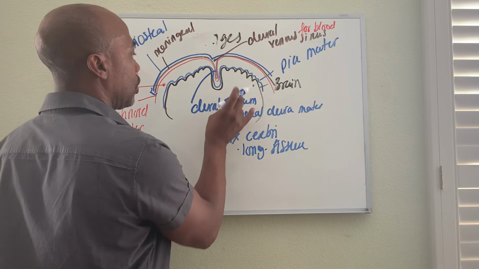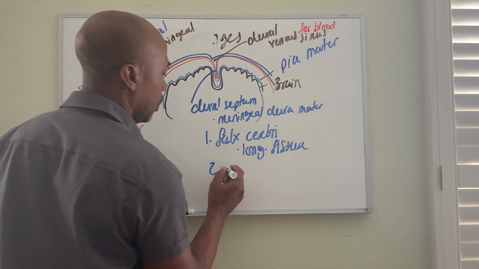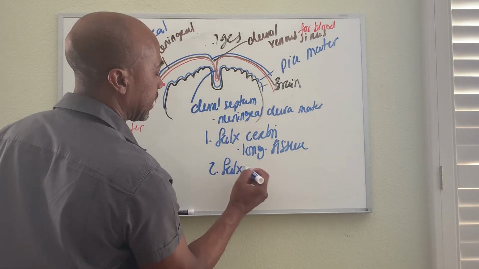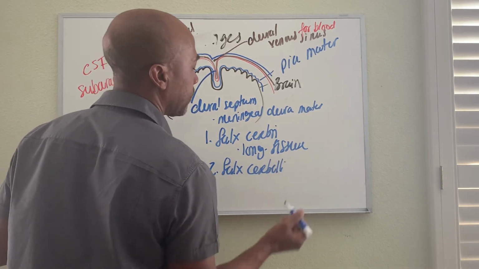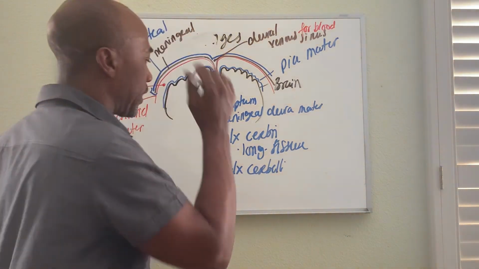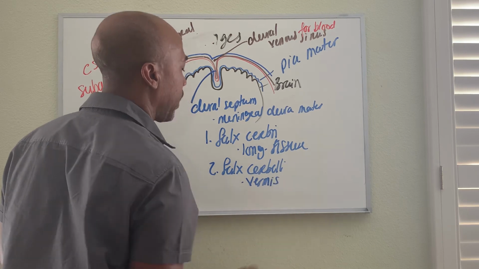The next dural septa is your falx cerebelli, which sits on top of the vermis of the cerebellum.